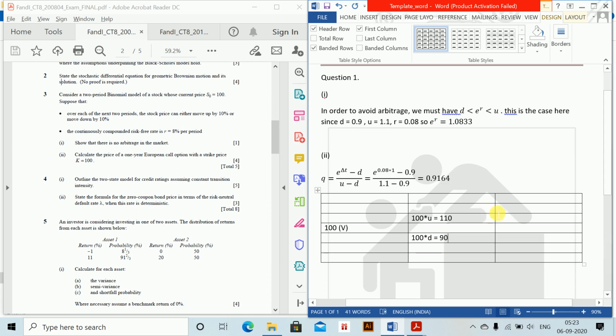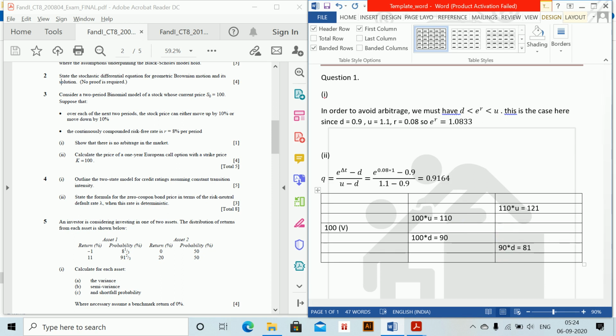Next, 110 into U is equal to 121, and going down from 110 is 110 into D. And here, 90 into D is equal to 81. For the one in between, we have our values from 100 and 90.